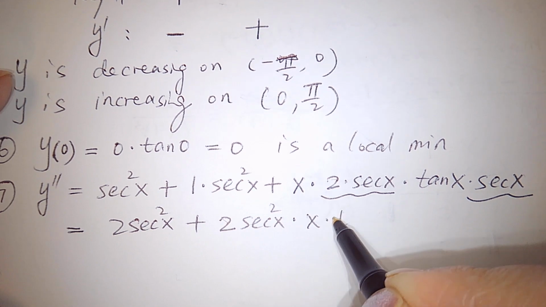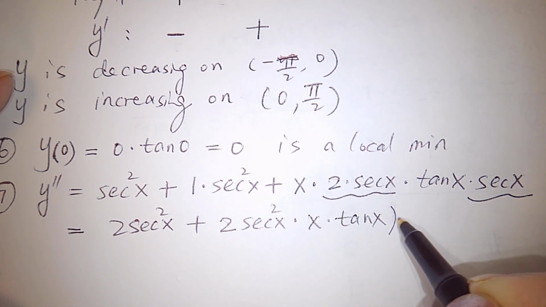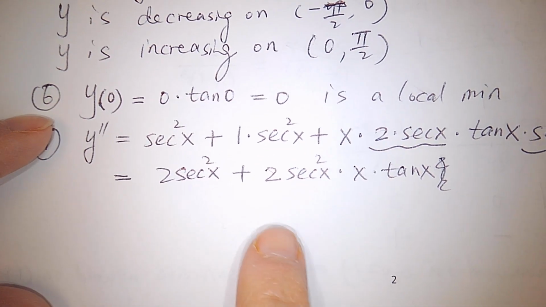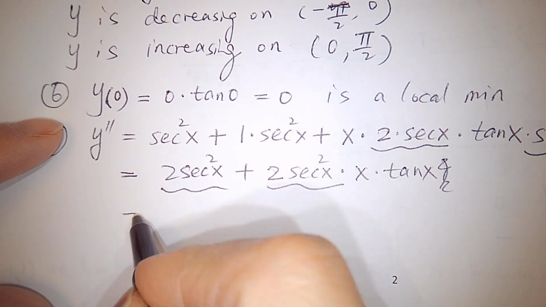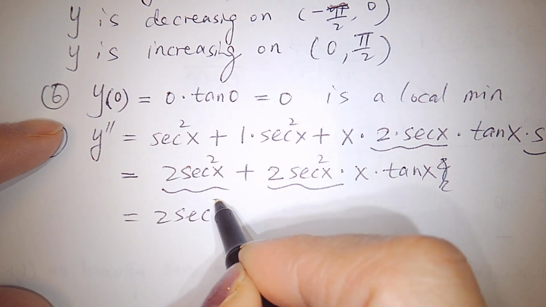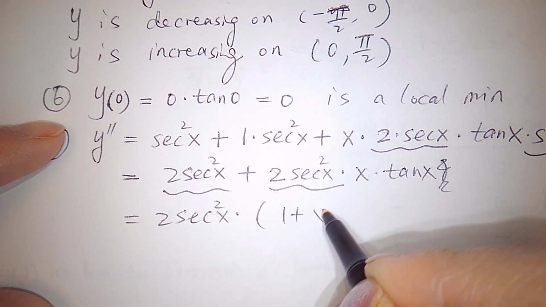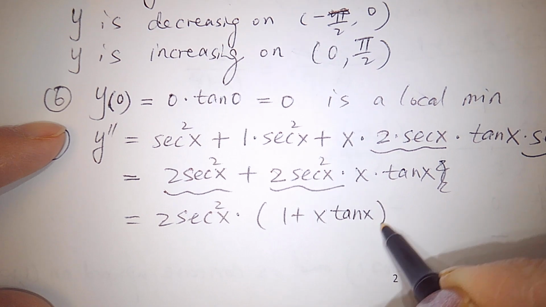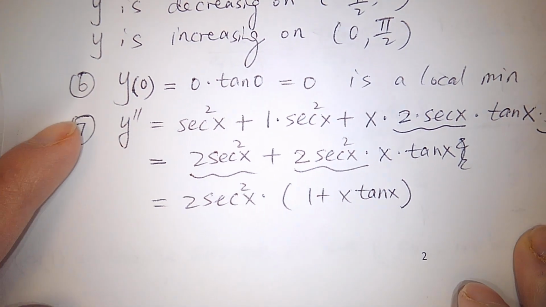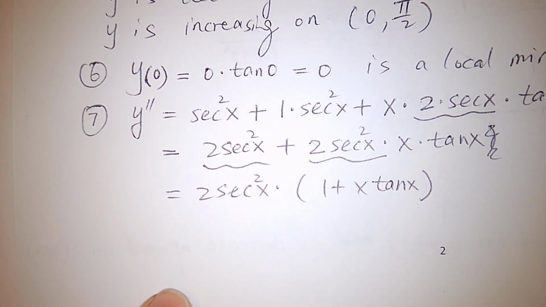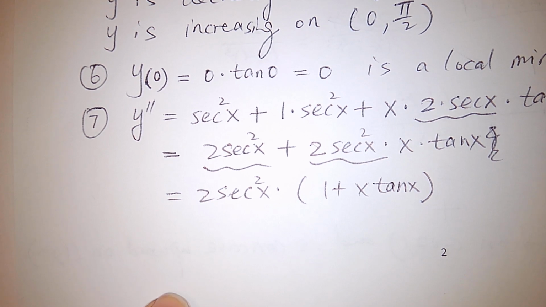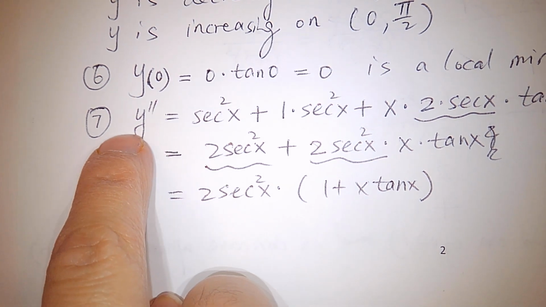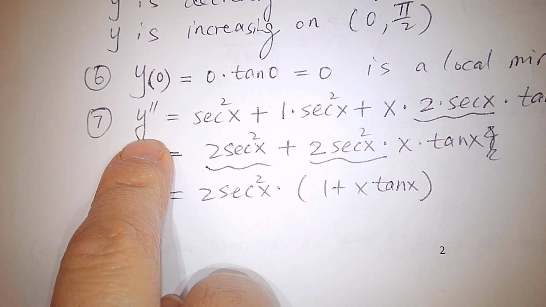Any common factor? One plus x times tangent of x. No denominator, so the only case is we let y prime prime equal 0 and solve for x.